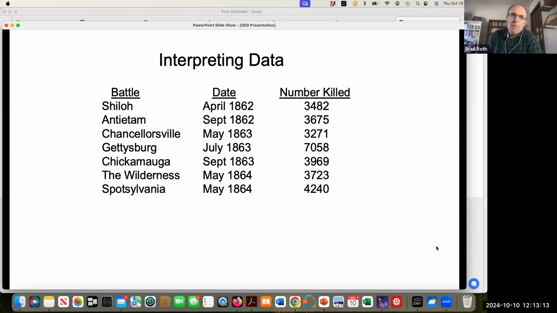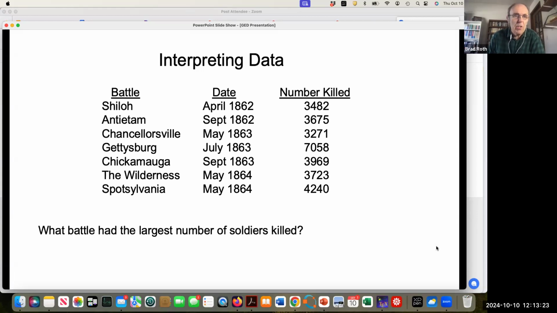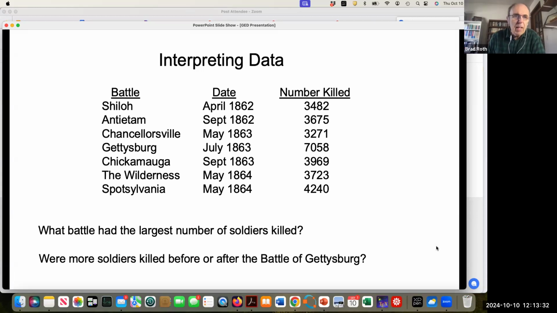So I made up a little example, here's some data about Civil War battles and the number of people killed in them. And then they'd have to ask some questions. Some of them might be real simple questions, like which battle had the largest number killed? Well, that's Gettysburg, it's got the biggest number. But they might ask other questions that are a little bit harder. Were more soldiers killed before or after the Battle of Gettysburg?